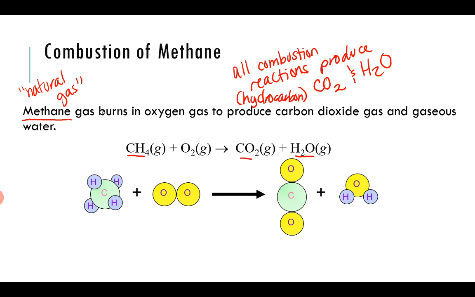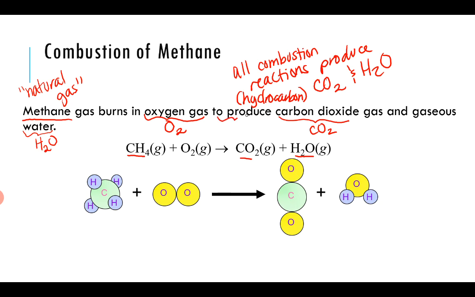So how this equation is translated is methane is CH4. You wouldn't know that because you haven't taken organic nomenclature, but oxygen gas is O2. Carbon dioxide, you do need to know your nomenclature. And so those ones you would have to know. But we can translate that into symbols.